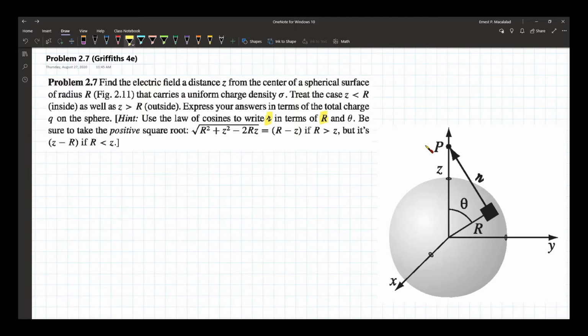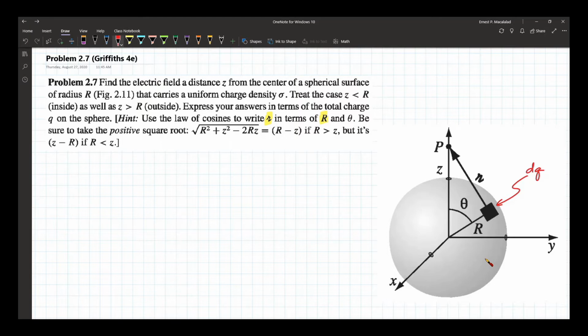Okay, so our point is on the z-axis. You will notice that by symmetry, the x and the y components of the electric field contributed by all dq, because this is your dq, throughout the sphere will just cancel.